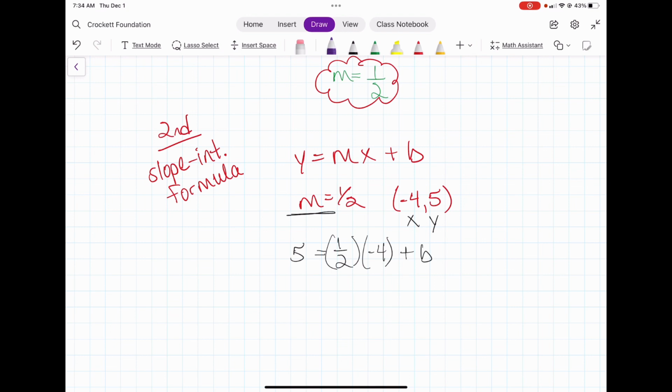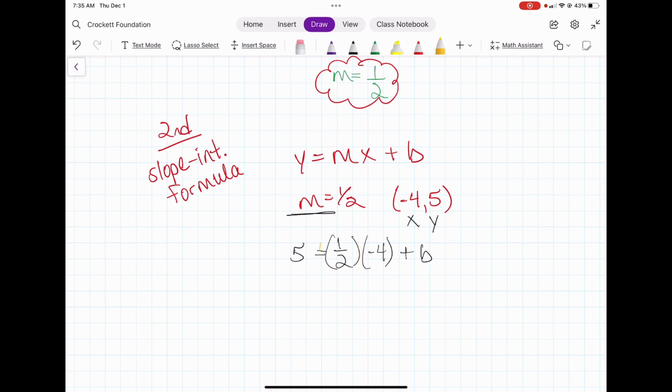And the reason I write it like this is because I want you to see there's that part. Here's the next part. I'm just going to write right over top of that. And here's x. I'm just substituting those values into the formula. That's all I'm doing every time I rewrite it. That's why it's so important to know your formulas.